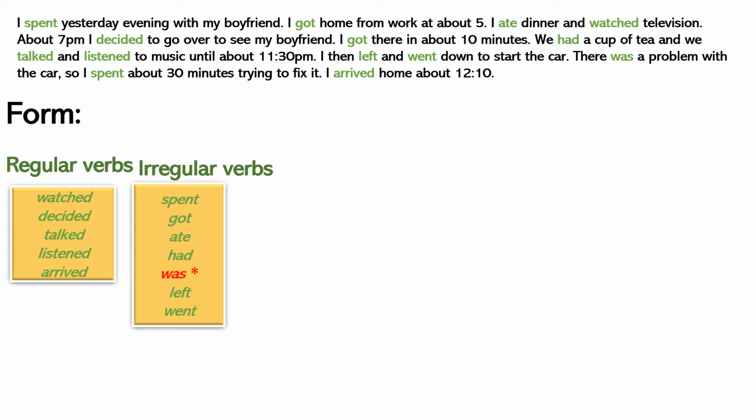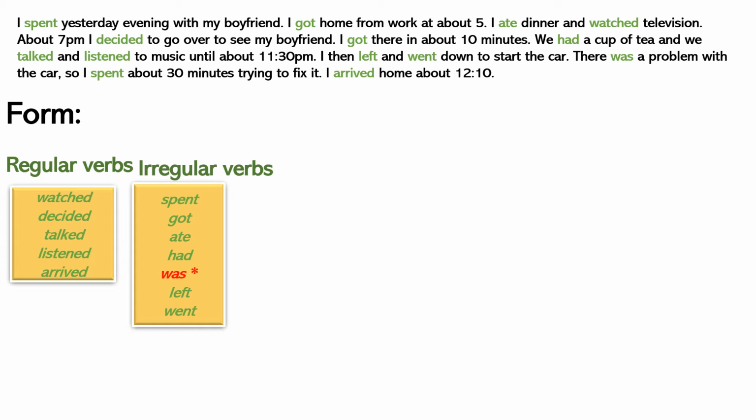Irregular: spent, got, ate, had, was, left, and went. Every good dictionary will tell you if a verb is regular or irregular. And every good grammar book will have a list of irregular verbs. And you will need to learn them.